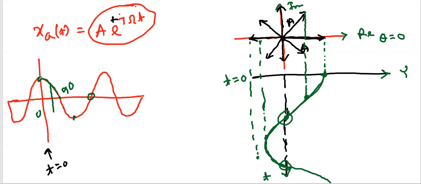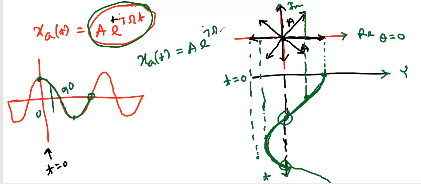Now you can see that this time domain signal equals these time domain signals. How did we get that? We got this from this. This is how you can represent it graphically: x(t) equals A e to the power j omega t.